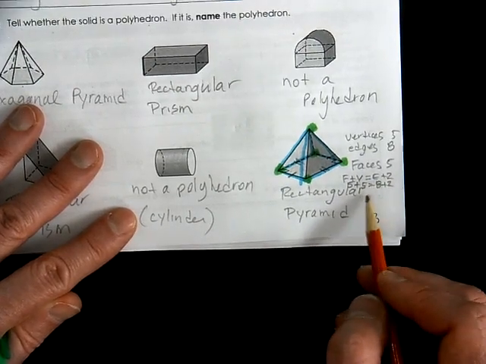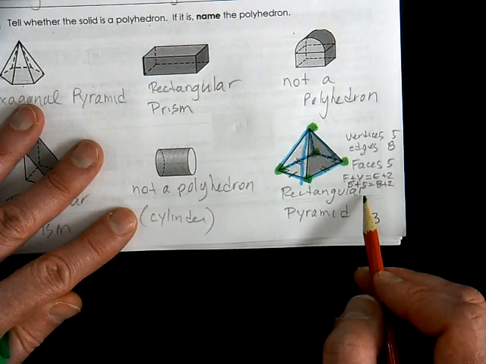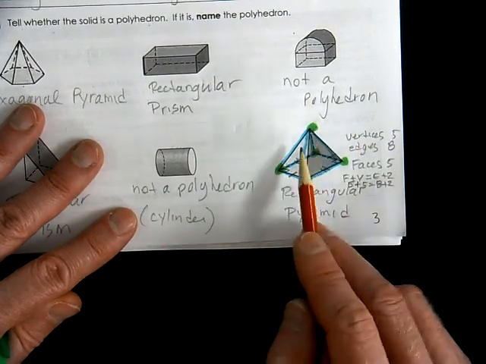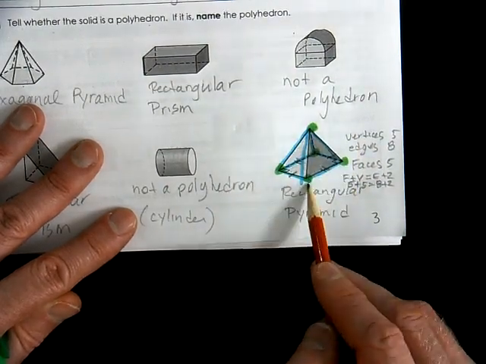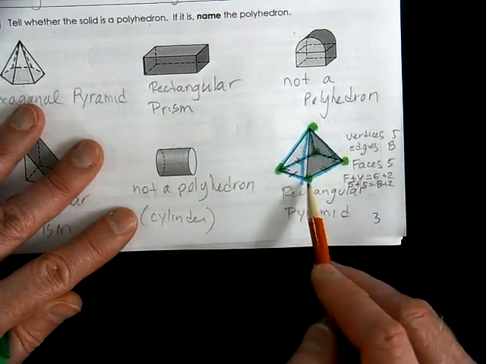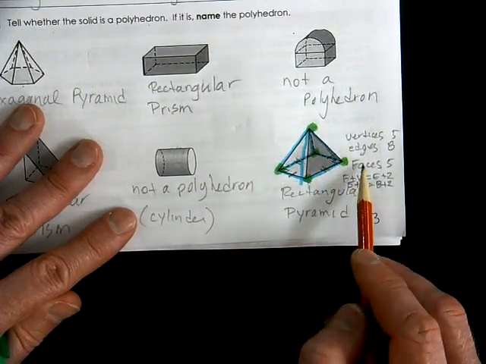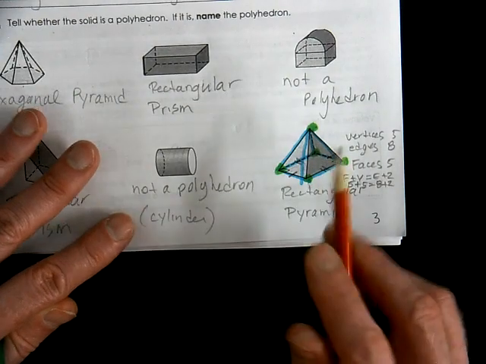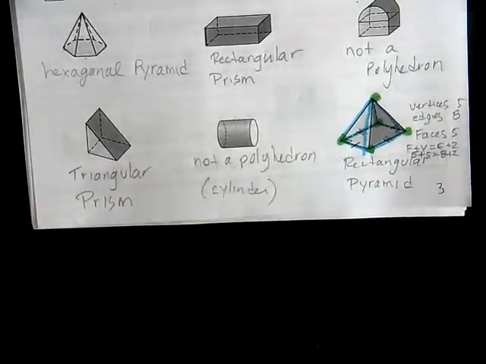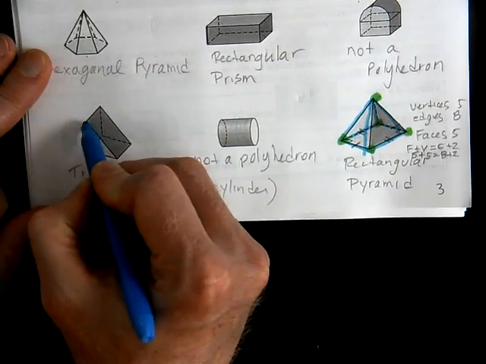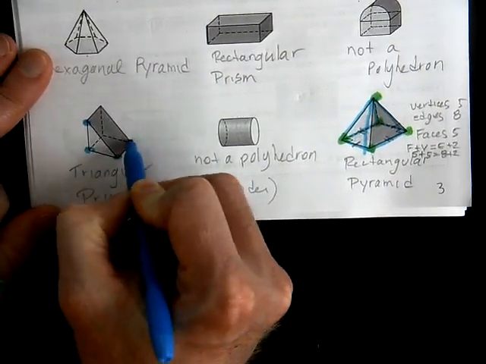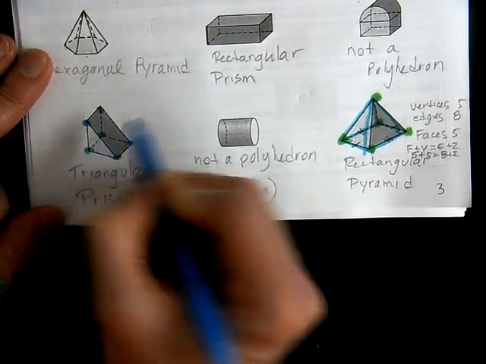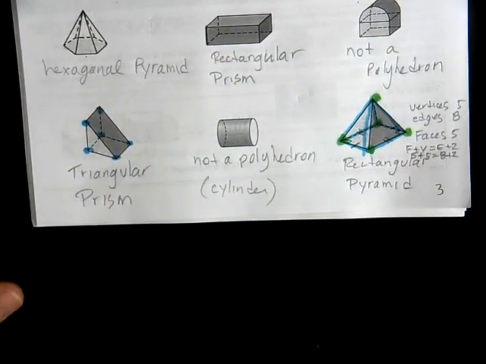So they're equal on both sides. So that's an example of identifying the vertices, identifying the edges, and identifying the faces. So if we came to this one real quick, let's just think about this. 1, 2, 3, 4, 5, 6. We have 6 vertices.